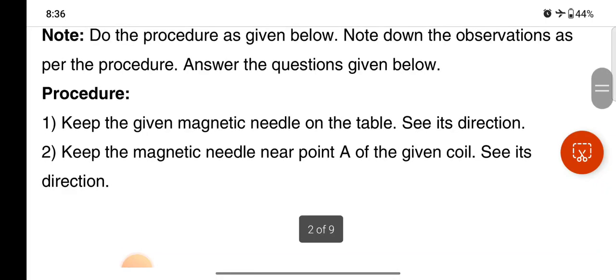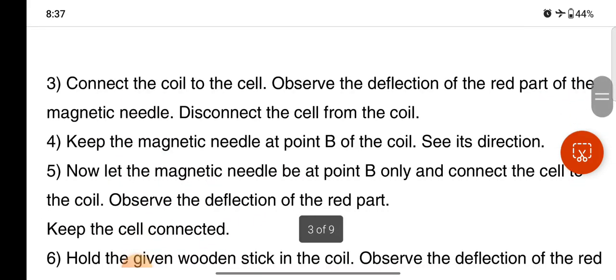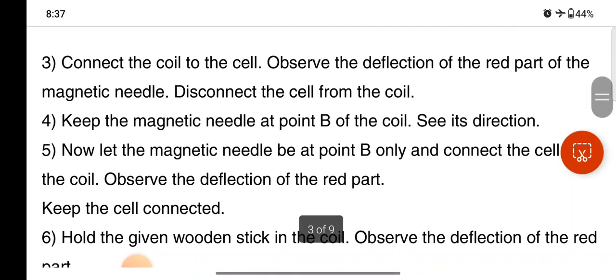First, keep the given magnetic needle on the table. See its direction. Now second, keep the magnetic needle near point A on the given coil. See its direction. Now third, connect the coil to the cell. Observe the deflection of the red part of the magnetic needle.